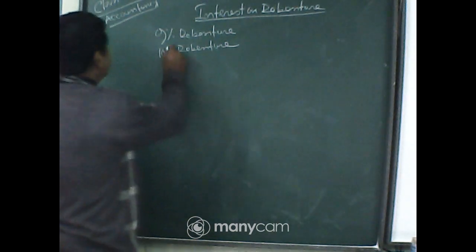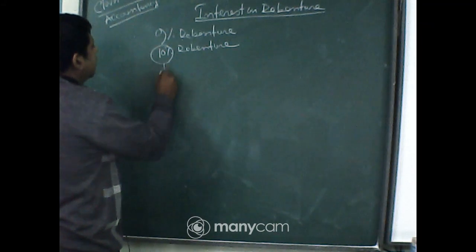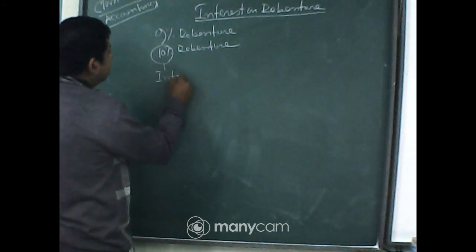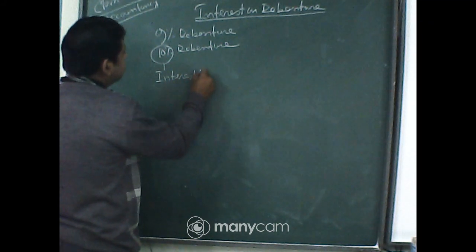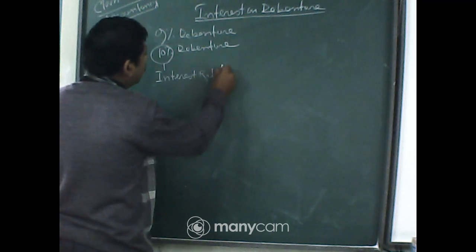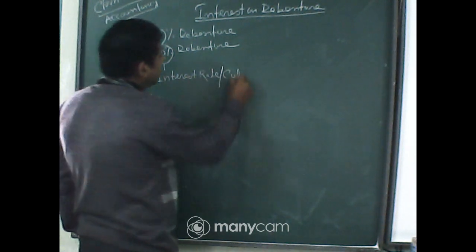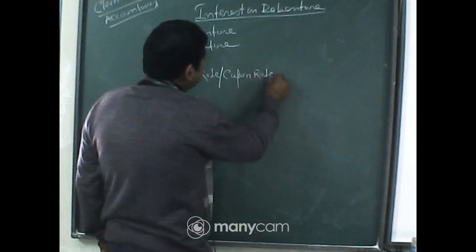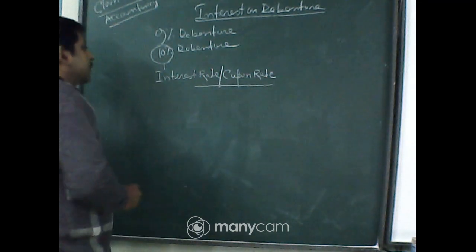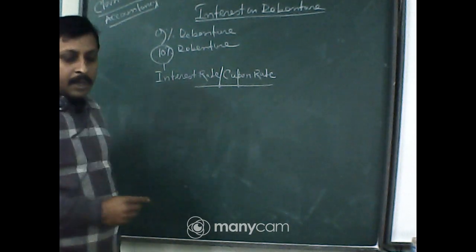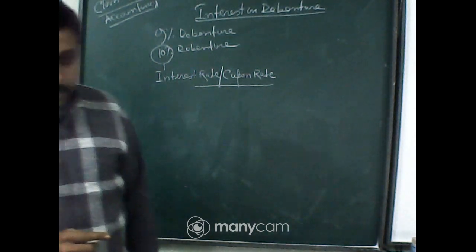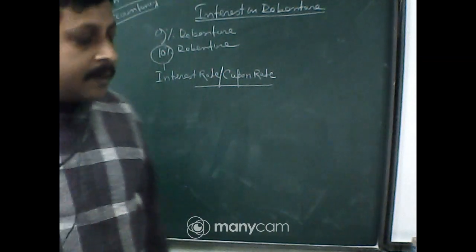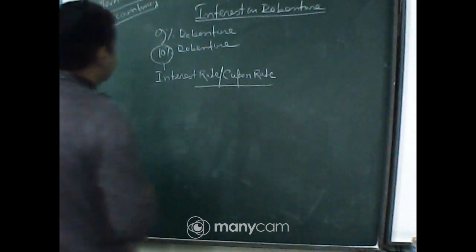This 9% or 10% is an interest rate, or we can say coupon rate. You have to pay this interest to the debenture holder.